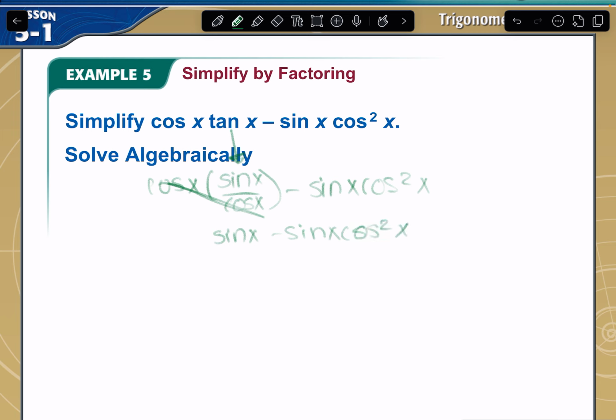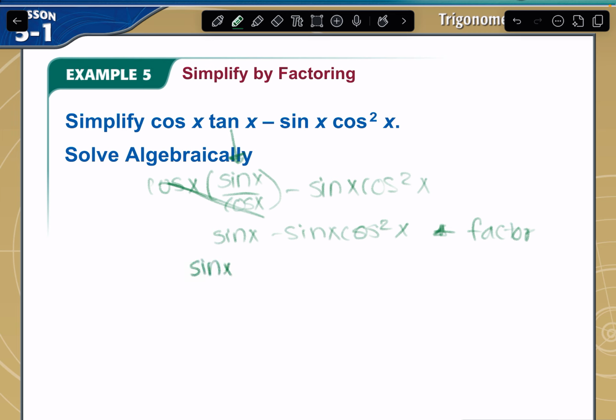So this is the step where it told you to factor. Meaning, what do both of these terms have in common that I can factor out? Think about your greatest common factor. In this case, they both have a sine value in them, so I can factor out my sine value.